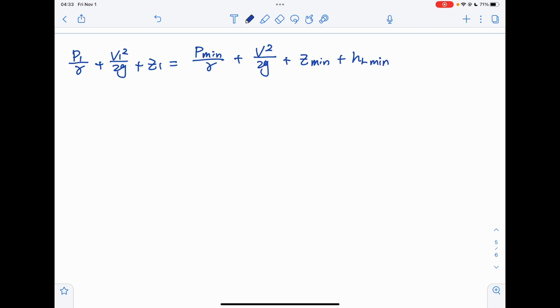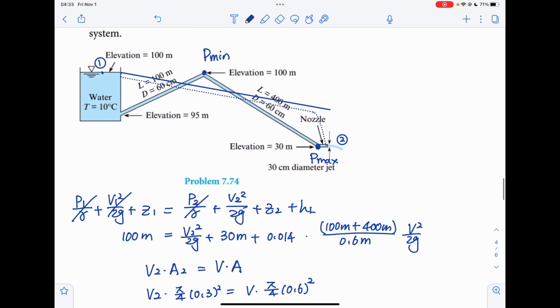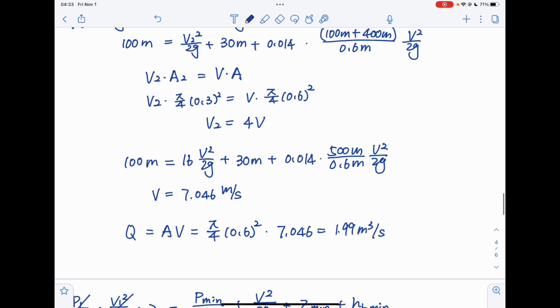Okay, so P1 is 0, V1 is 0, z1 is given, which is 95, and z minimum is 100.